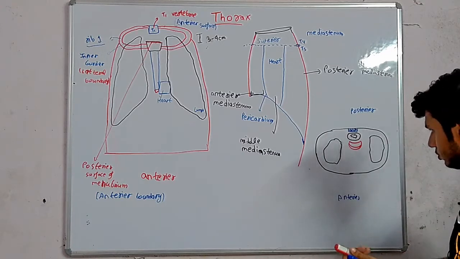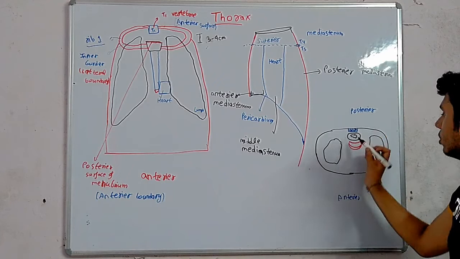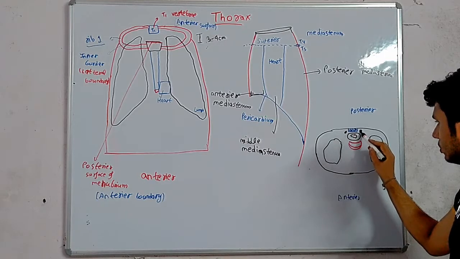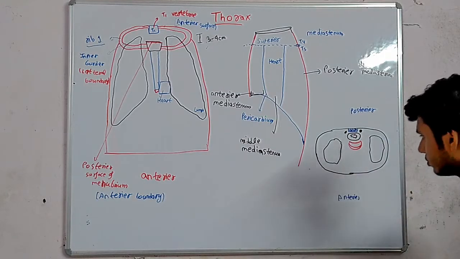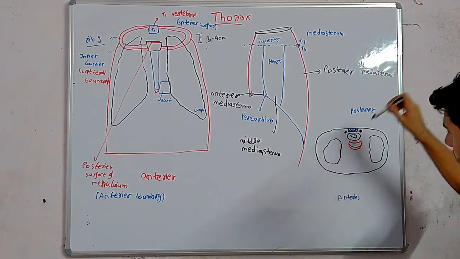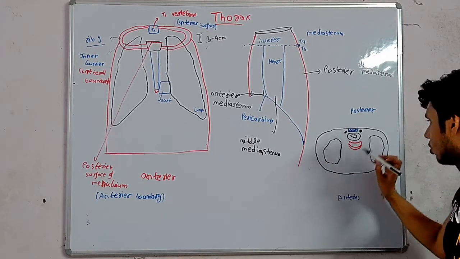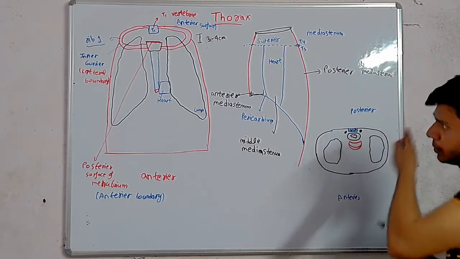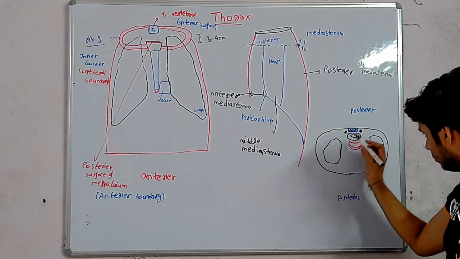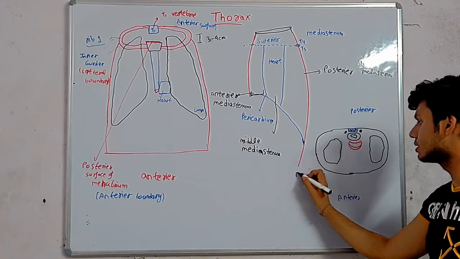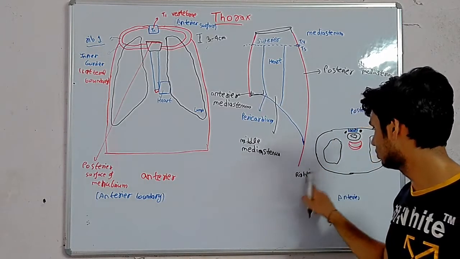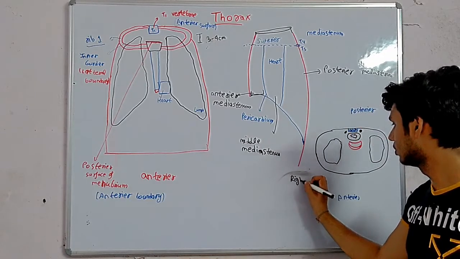On both sides of the vertebra we know the sympathetic ganglion, sympathetic trunk. Sympathetic trunk is found here, which passes from here to thorax. And an important structure is some other nerves. This is right side, this is left.